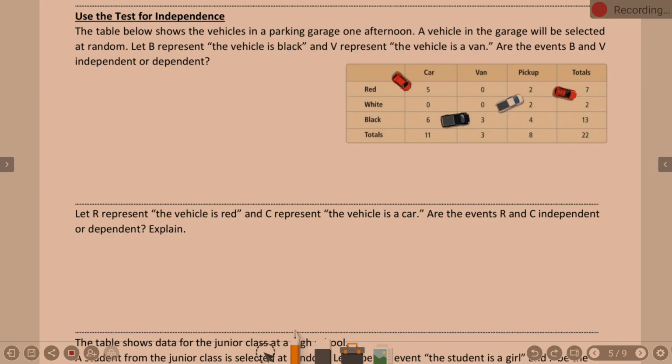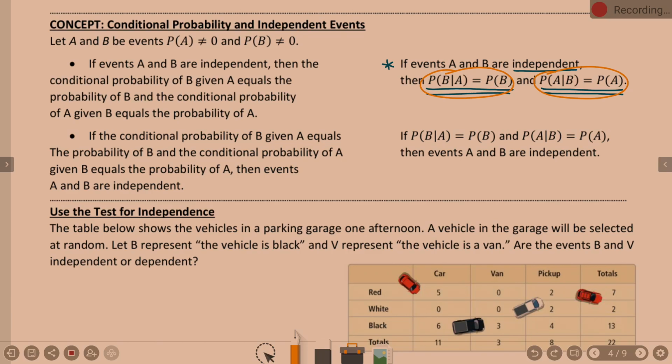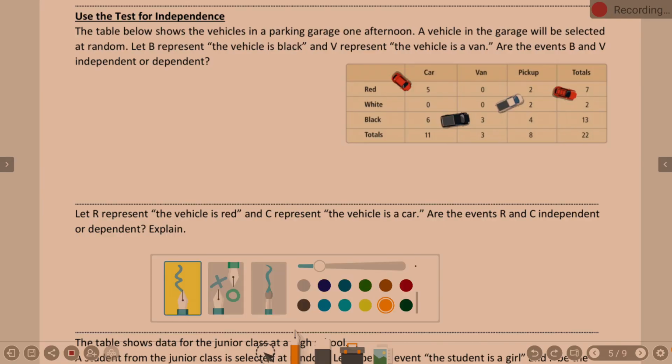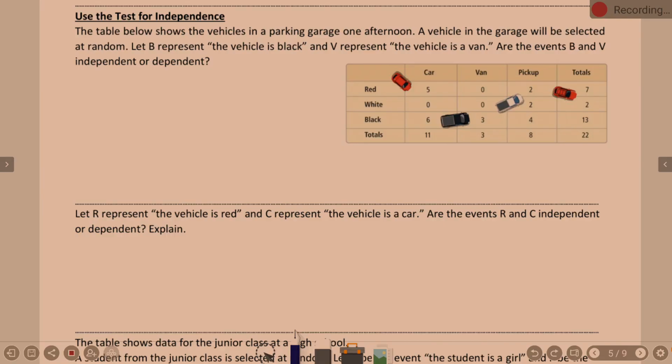Now, I don't want you to just say, oh, I think it's this answer. Mathematically, I just talked about a test up above, right? We're going to work on this test here. So we're going to test and see if they are independent. What do we have?